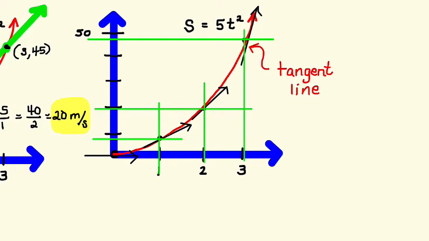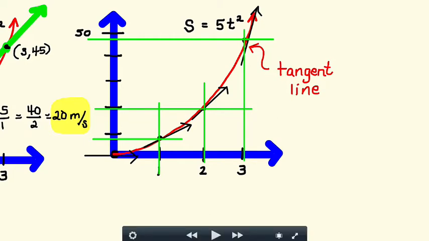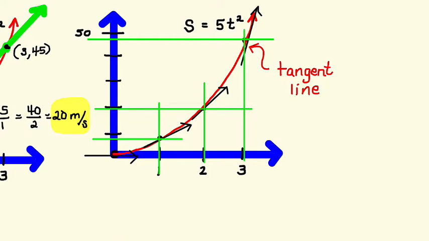Line, and the tangent line is important because the slope of the tangent line gives us the instantaneous rate of change. That's important. So important that I probably should write this.